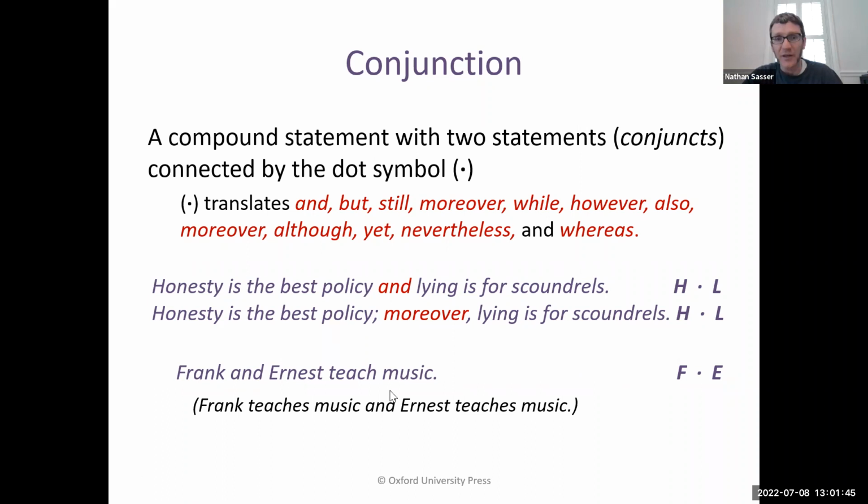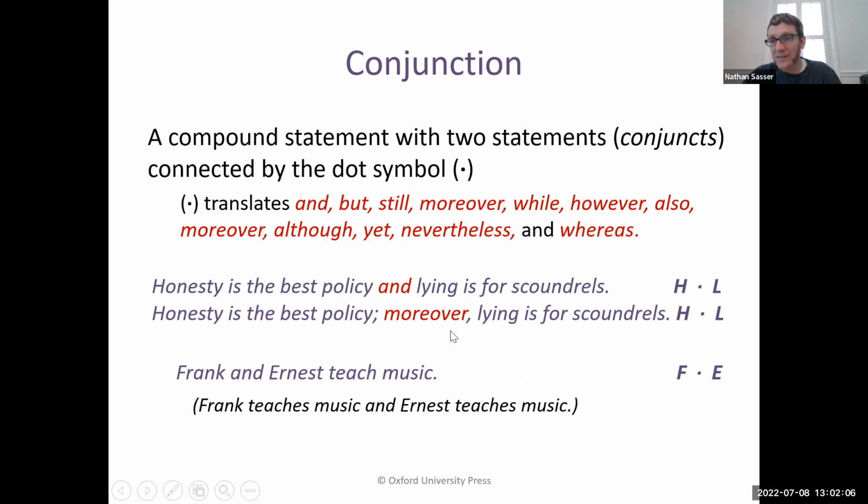And I'll just stipulate that H represents honesty is the best policy. And I'll stipulate that L represents lying is for scoundrels. And of course, the and is the conjunction, and it gets represented with a dot. So I can represent that whole thing with H dot L.